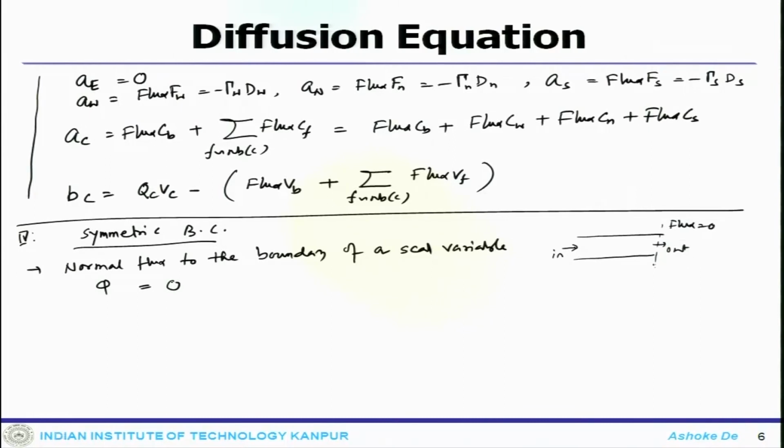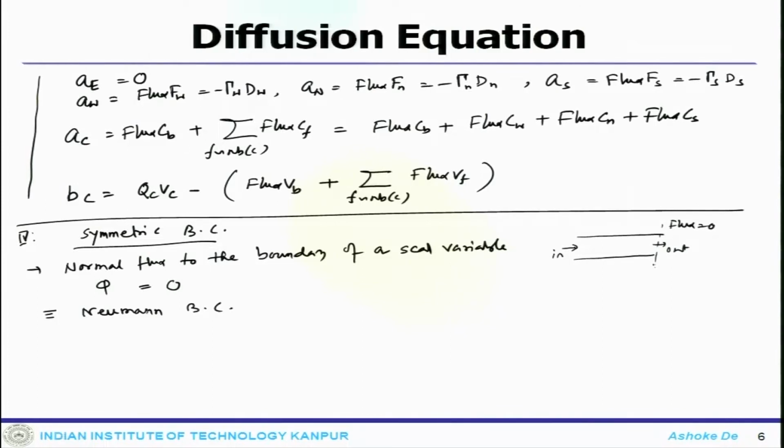So, the symmetry boundary condition is sort of equivalent to the Neumann boundary condition, because what it says is that normal to that boundary, the flux of the variable is 0.